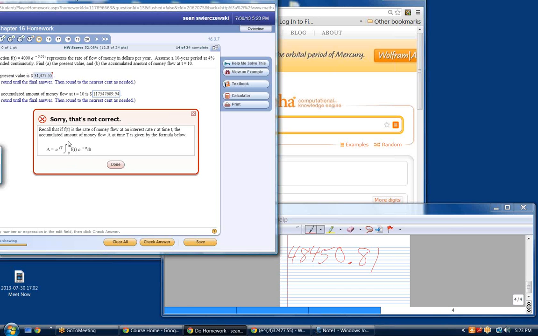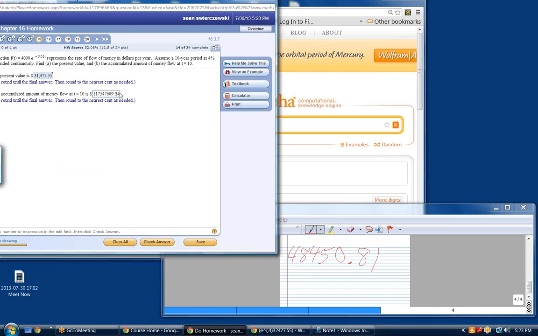In other words, the integral of 0 to t of f of t e to the minus rt dt is this number, 31477.55. So we have to multiply that by e to the rt, with t being 10. So I think this is going to be right this time. That did seem like an awful lot of money.